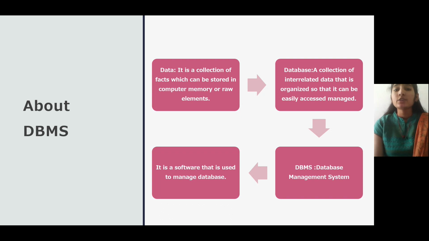It's a collection of interrelated data that is organized so that it can be easily accessed, managed and updated. Now, DBMS means database management system, that is, database plus management system. It is a software that is used to manage a database.